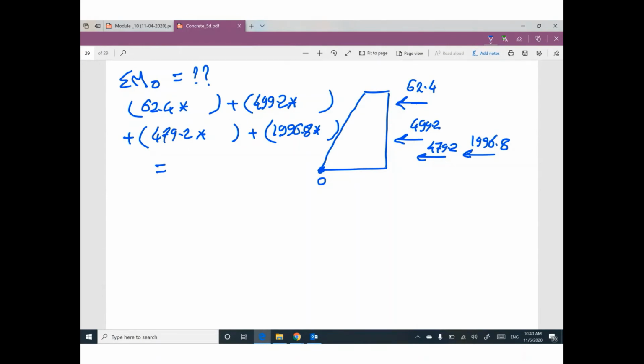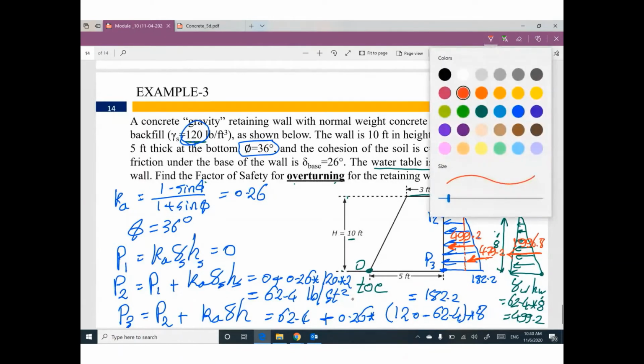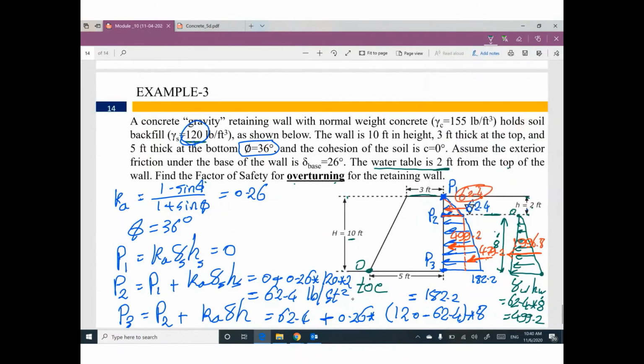Please go back to the previous diagram. The location of this force is at the centroid of this triangle. So can you tell me what is the vertical distance between this force and point O?